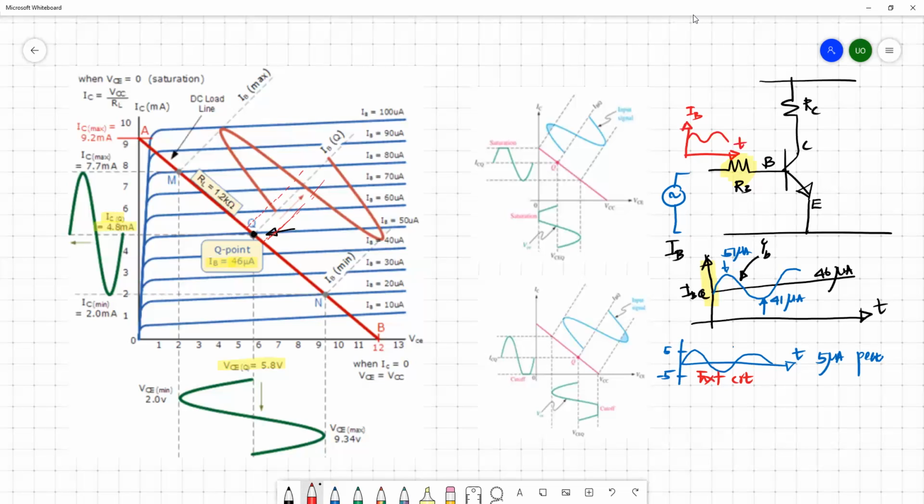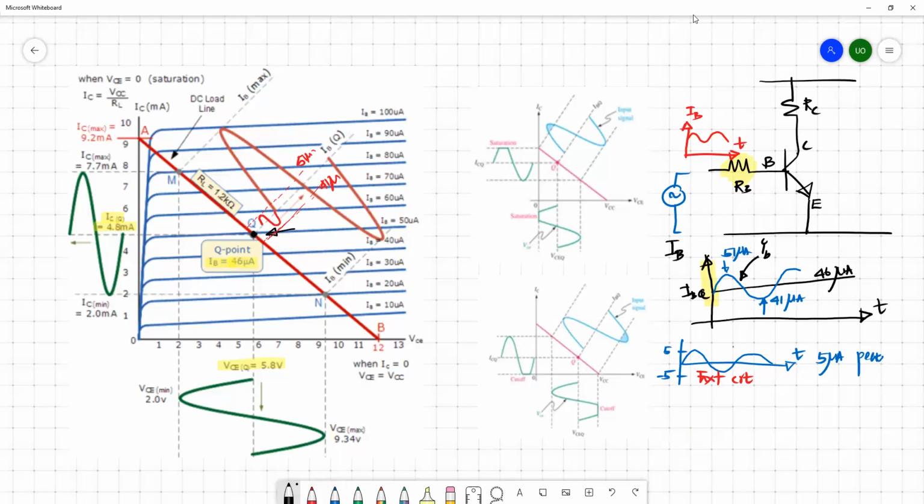Ideally you can take this base current variation by projecting these base currents on top of the load line. This is 51 micro and this is 41 micro. You can simply find the Q point based on this set of blue curves, and then project it on top of the DC load line. This is your input signal.